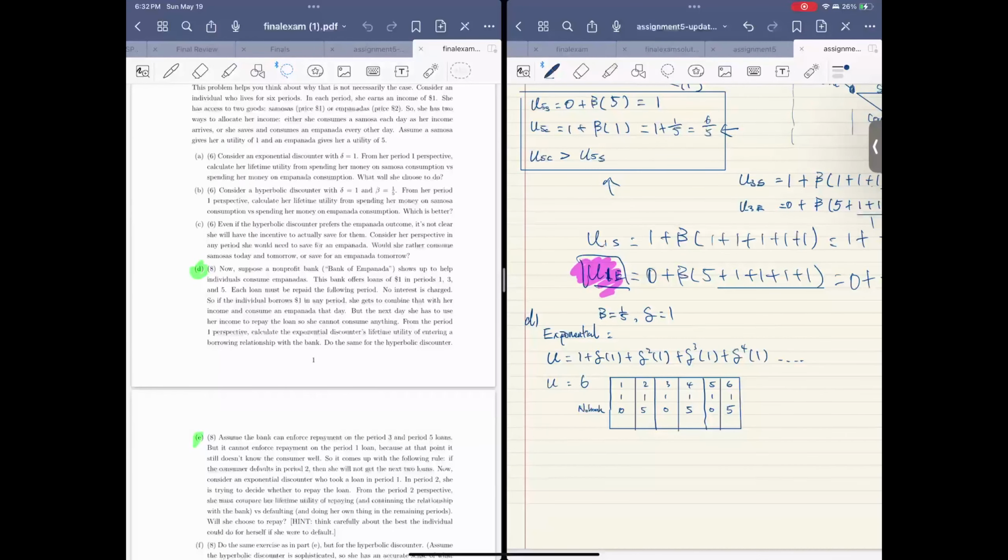Bank. And this is bank. If it's bank, you can borrow right now and consume the empanada. It'll be 5. And then you pay back at period 2. So on and so forth.